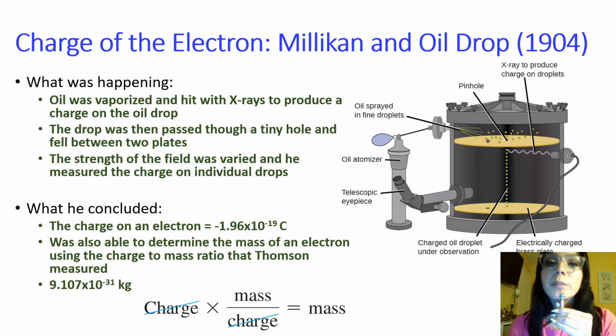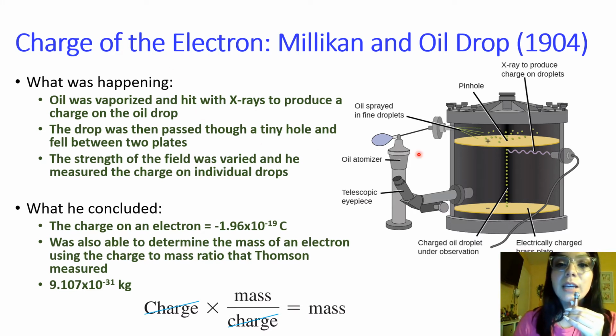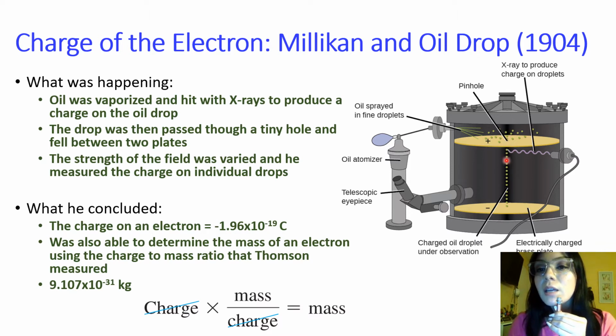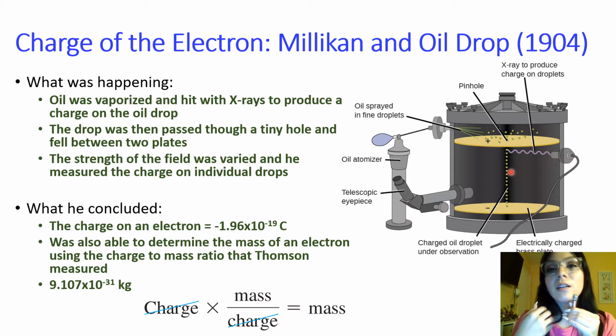So the next experiment was Robert Millikan's oil drop experiment, and this experiment helped us understand the charge of the electron. So what was happening was that he had oil being atomized and sprayed into tiny little droplets into this little chamber, and he then hit those droplets with an X-ray in order to produce a charge on them. These little drops that had charges on them passed through these two plates, and then a different strength of field was varied in order to basically produce a lot of measurements of different charges.